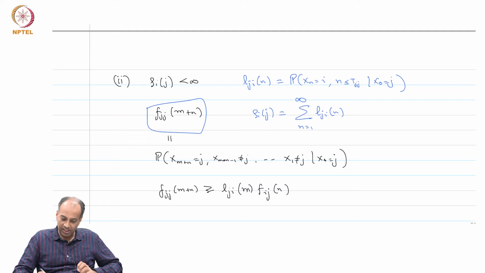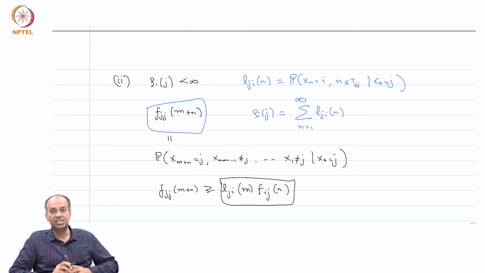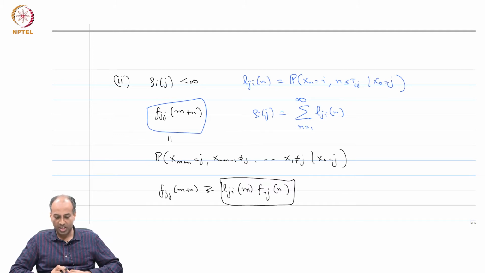So, the event corresponding to this will certainly lead to the first return to j being at time m plus n. Of course, there are other ways of returning for the first time from j to j. So, this is a greater than or equal to. I think you will agree, this is always true for any m and n greater than or equal to 1 and any state i I consider.